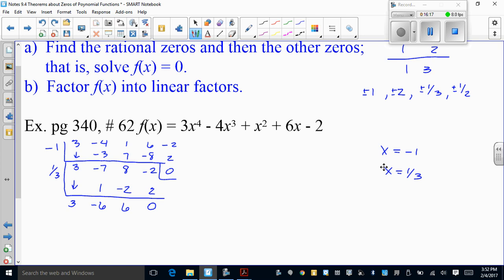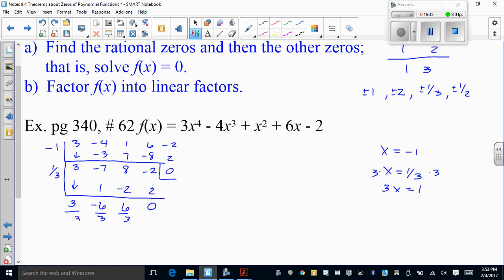Now we got to talk about this though. This guy was divided by 3, so we actually have to divide the 3 off of these guys. Reminder, you would multiply by 3, so this is really 3x equals 1. I need to remove that common factor of 3 now.